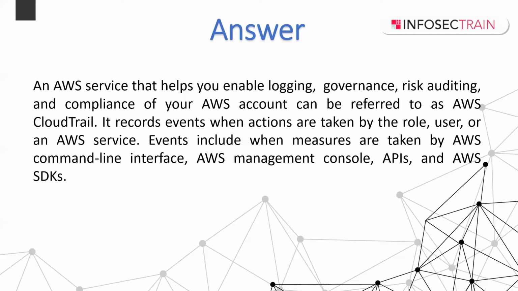Management events provide information about management operations that are performed on resources in your AWS account. And data events contain information about resource operations performed on or in resources. We can take an example: if any object is being uploaded to S3 or when a Lambda function is invoked, these will be use cases for data events.